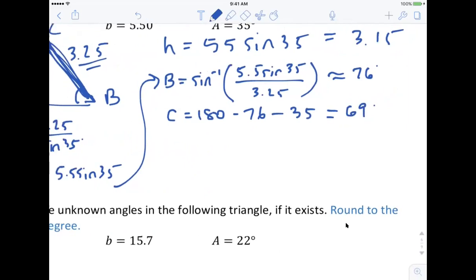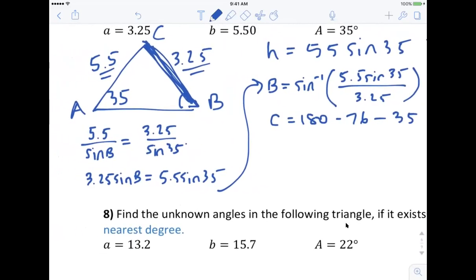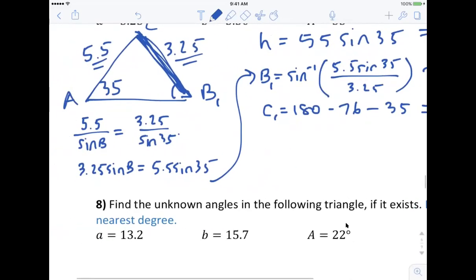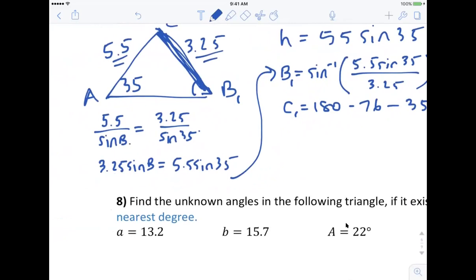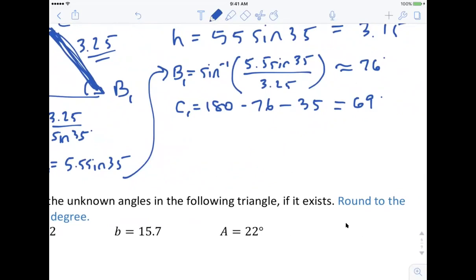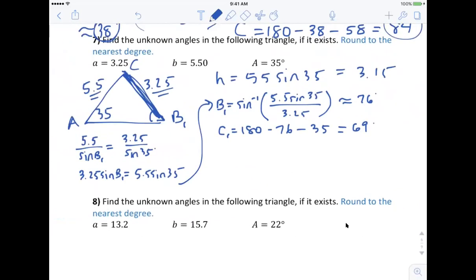And that's one solution, right? So I'm going to call all those solutions B sub 1 and C sub 1. So I'll put a little sub 1 on those. Because there's the other scenario. Remember, there's two possible triangles.